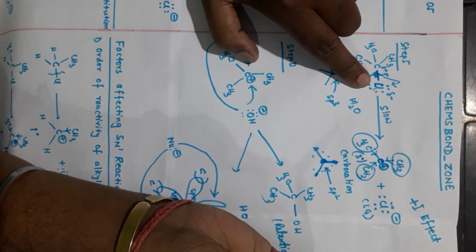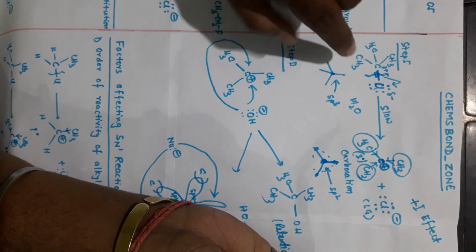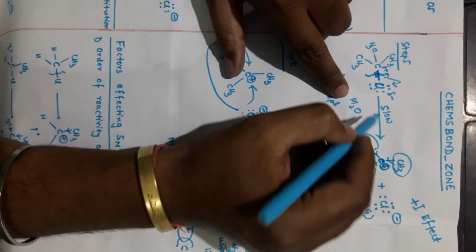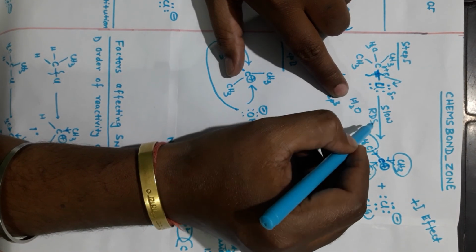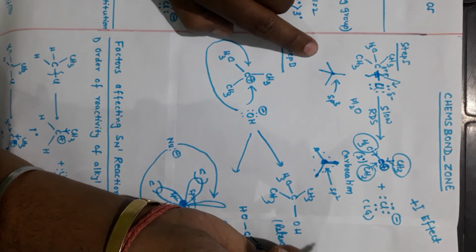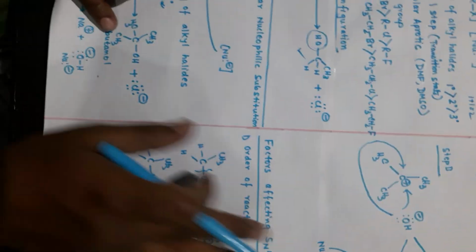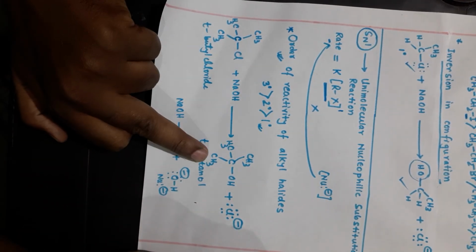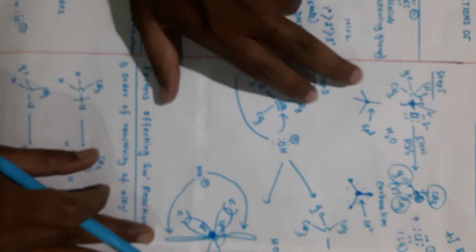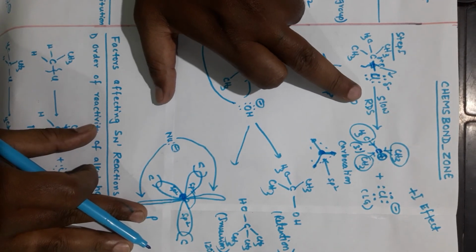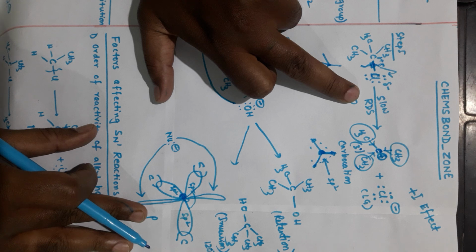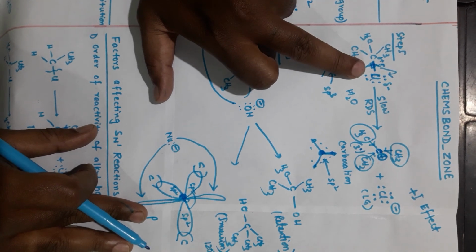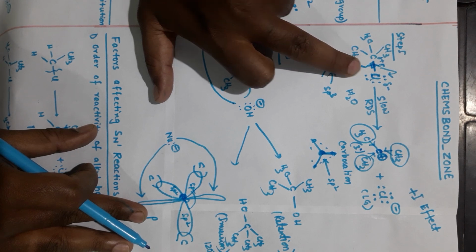Therefore, for this Sn1 reaction, this will be the rate determining step. That means this step will determine the rate of the overall reaction. And as in this step the nucleophile is not involved, only the alkyl halide, the rate of the overall reaction depends only on the concentration of the alkyl halide, not on the nucleophile.